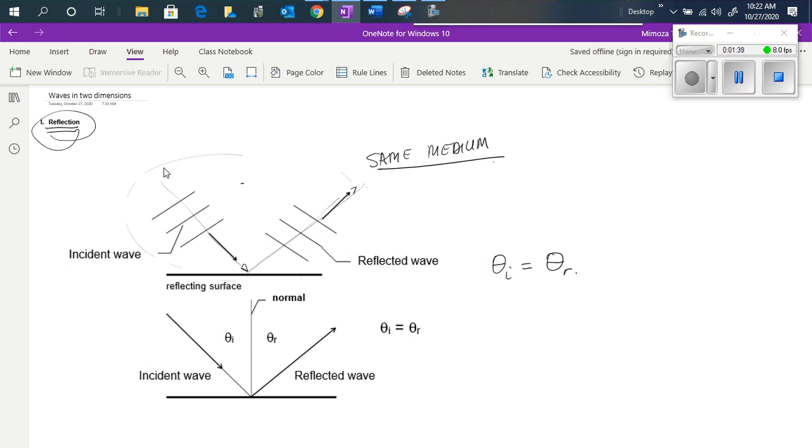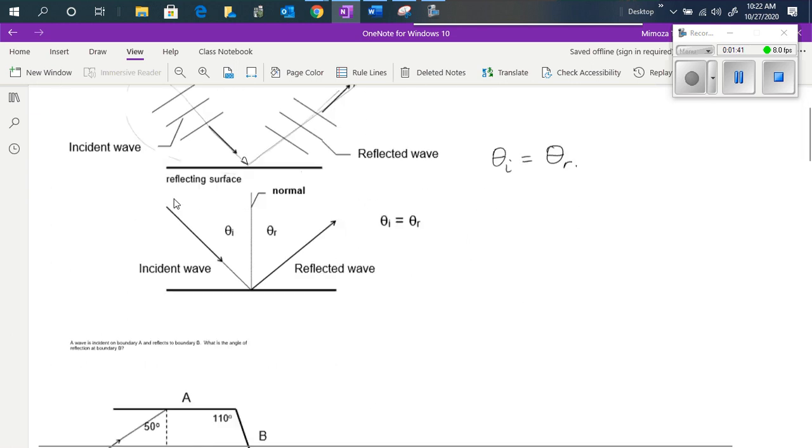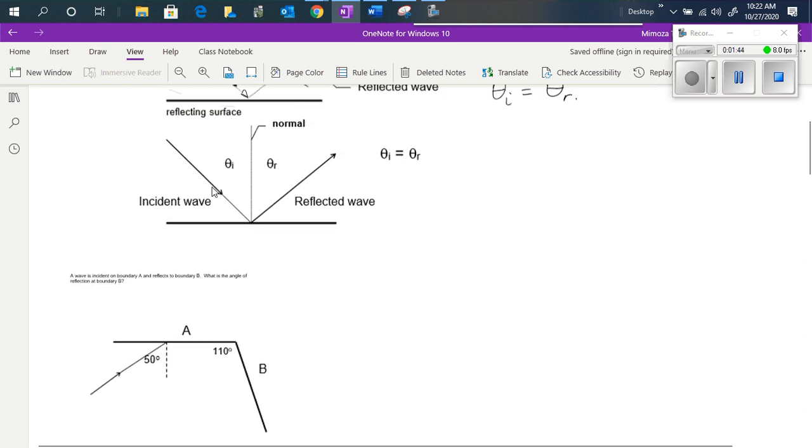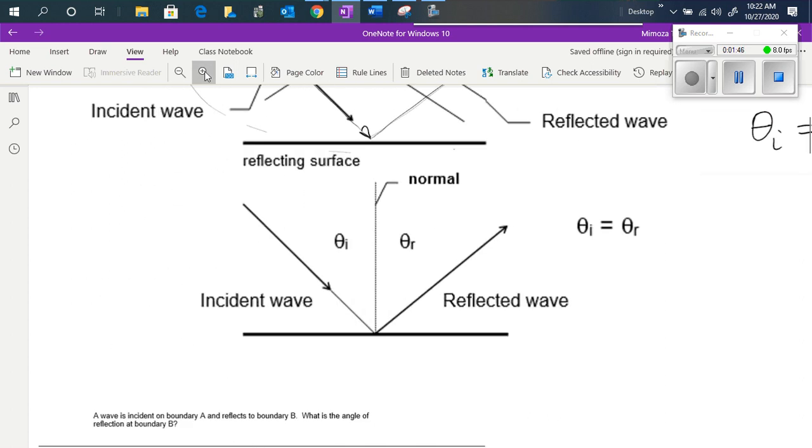But what is the angle of incident? If we represent the wave with just the direction in which the wave is moving, and draw a line perpendicular to the surface, then the angle created between the perpendicular to the surface and the incident wave is known as the angle of incident.